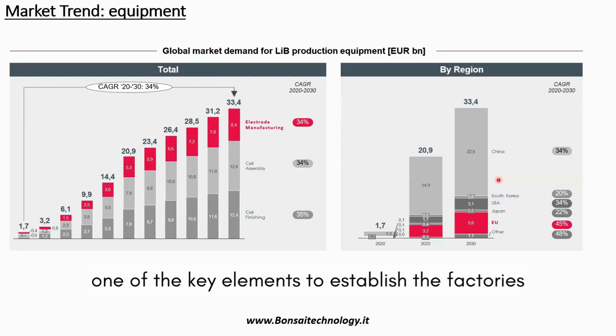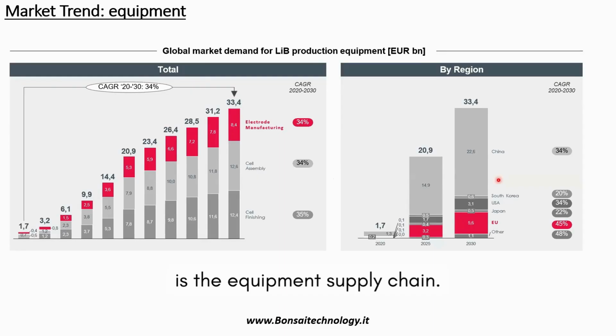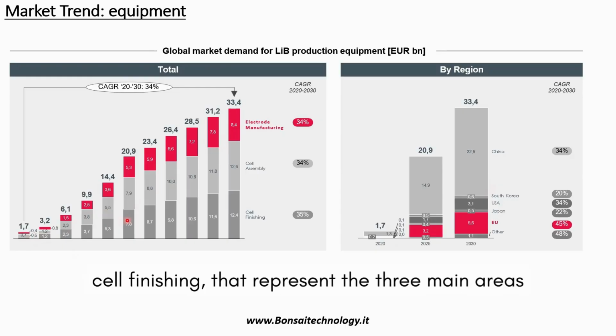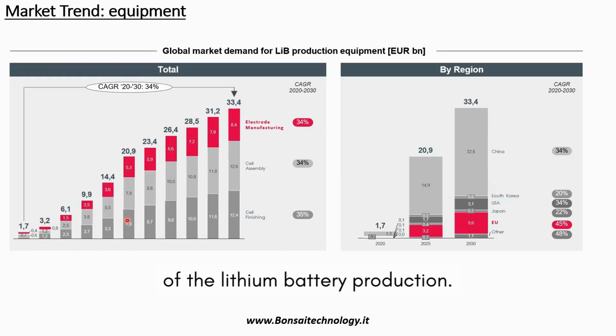As mentioned before, one of the key elements now to establish the factories is the equipment supply chain. And if battery production is going to increase, the market for the equipment is going to increase too. As you can see, the trend is going to increase very, very quickly, and the investments are in all areas of battery manufacturing: electrode manufacturing, cell assembly, and cell finishing, which represent the three main areas of lithium battery production.